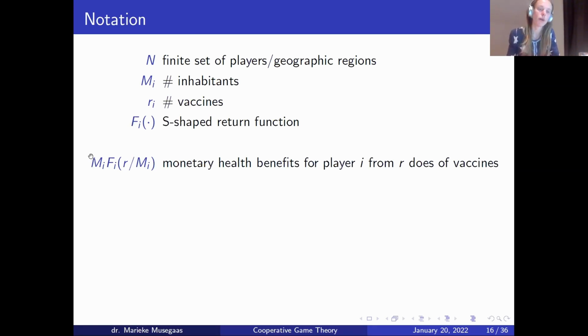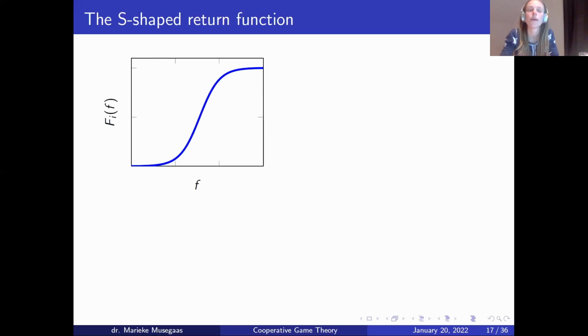So if you multiply it with the number of inhabitants, then you get the monetary health benefits. Okay, I hope that this notation is clear to you.